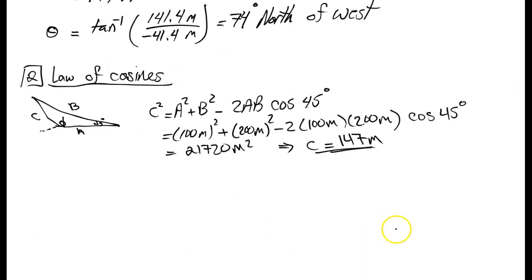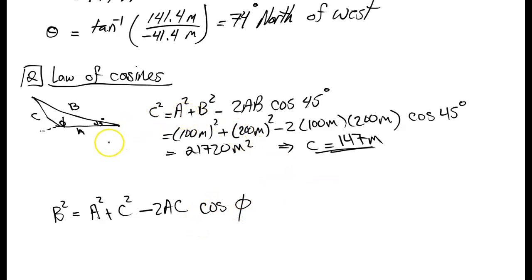And furthermore, we can say that b squared, using the other law of cosines but with two different sides, so I'm using now to find b, the angle opposite of b is phi, and that's what we use here, as when we used a and b before, the angle opposite of c was the 45, and that's why we used it in there.